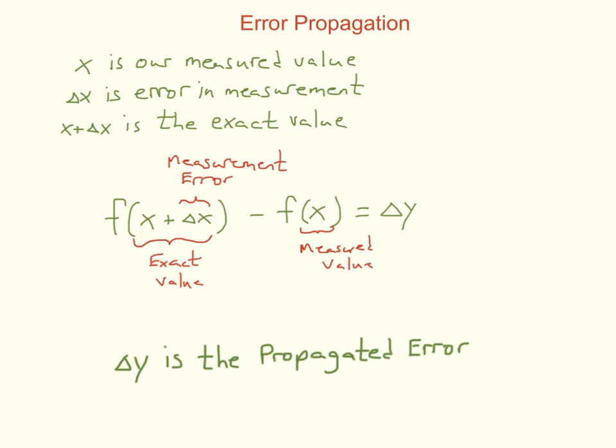What's inside here is the exact value. That delta x is the error in our measurement, and x in both cases represents our measured value. So the propagated error is actually delta y. It's the actual change in the y values.